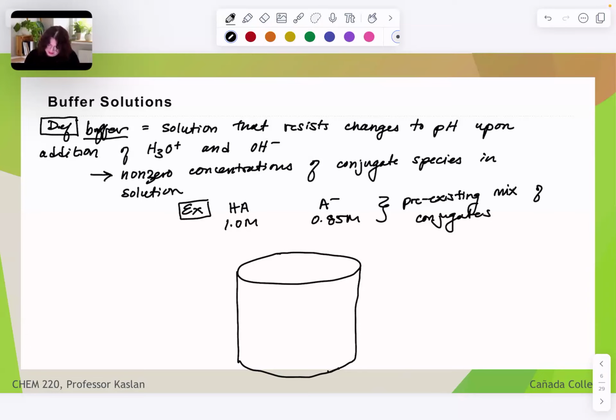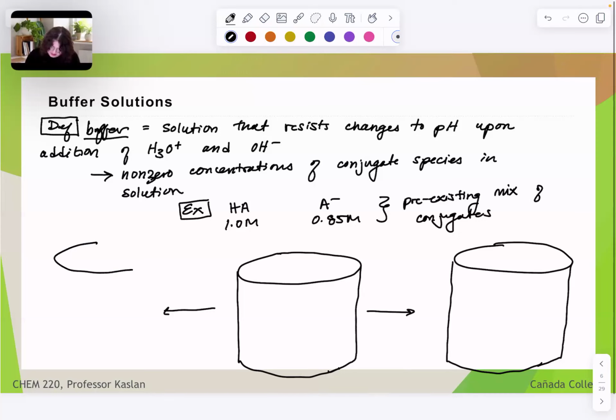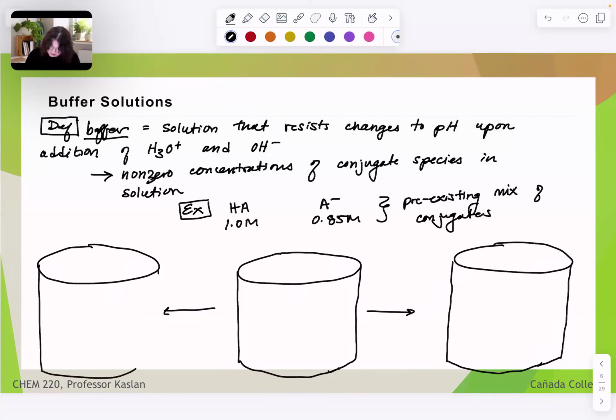So let's look at our weak acid beaker and let's see what happens to it according to Le Chatelier's principle if we add acid, if we add base, and how the presence of that conjugate ion A minus might be of use in terms of resisting any change to pH upon the addition of those acids and bases.